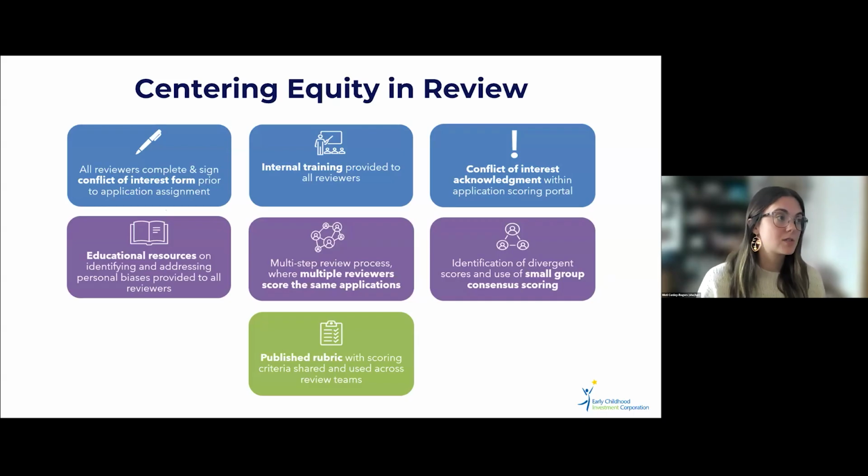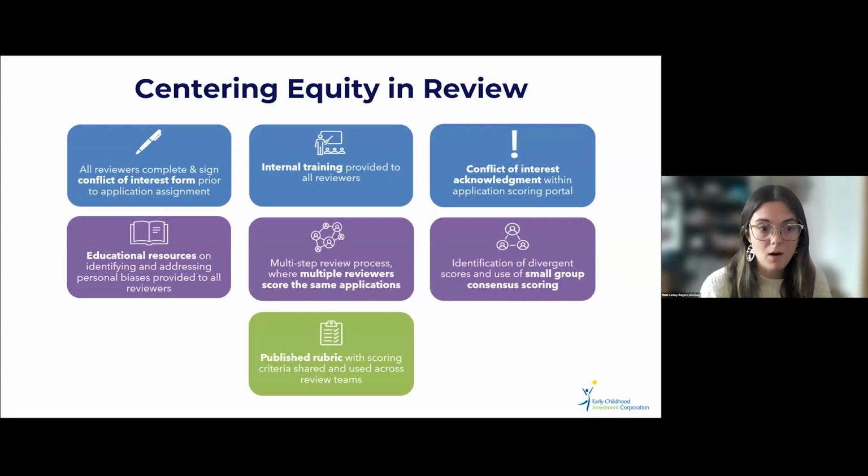So these first 3 blue boxes and the first purple blue box happen all before we even start scoring applications. That includes all reviewers completing and signing conflict of interest forms prior to getting assigned applications. That way our team knows where applications should and should not go. We even complete conflict of interest forms ourselves to make sure that we are maintaining equitable grant review.